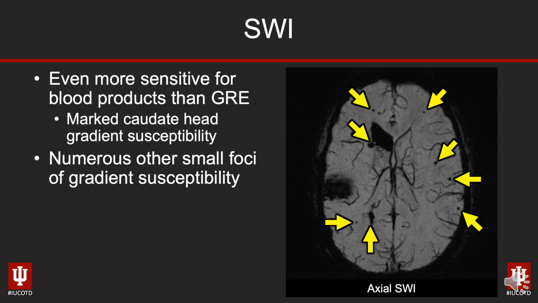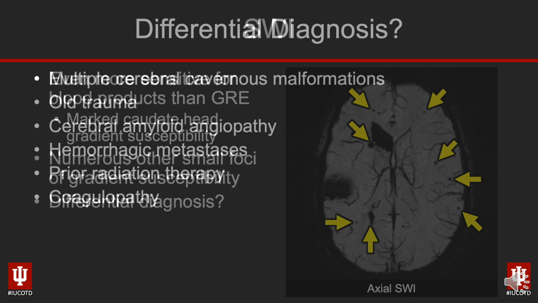So whenever we see that, we need to be thinking about our differential diagnosis for multiple foci of gradient susceptibility, multiple foci of hemorrhage in this case, and some of them even have almost like a popcorn ball or a mulberry kind of look of signal abnormality, and that's a bit of a clue as to what we're dealing with in this case.